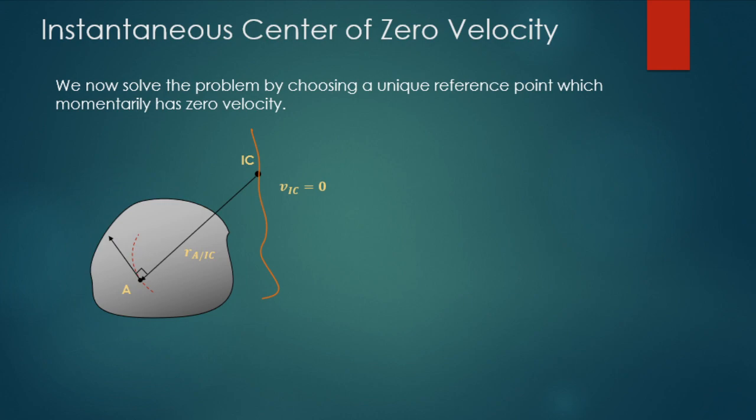And then the locus of the path of this point, this point of IC, this curve, we call it the centroid. So the centroid is the locus of points which define the location of the IC during the body's motion, and it is called the centroid.